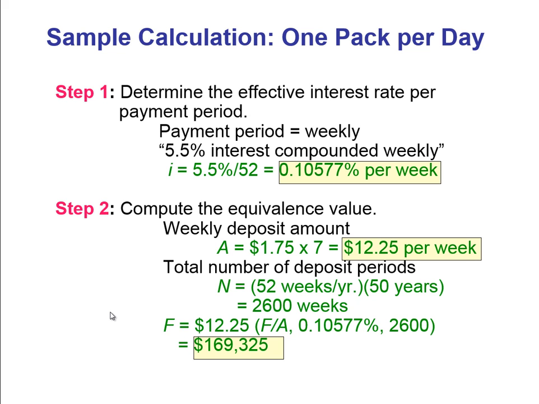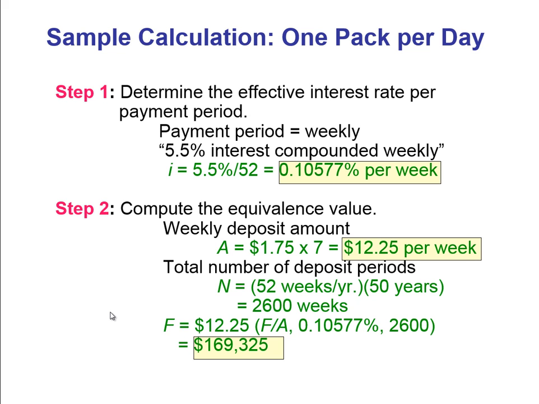So with an interest rate of 0.10577% and 2600 periods or deposits with $12.25 a deposit, you will get a future value of $169,325. This is how much you would save if you smoke one pack, with a value of only $1.75.